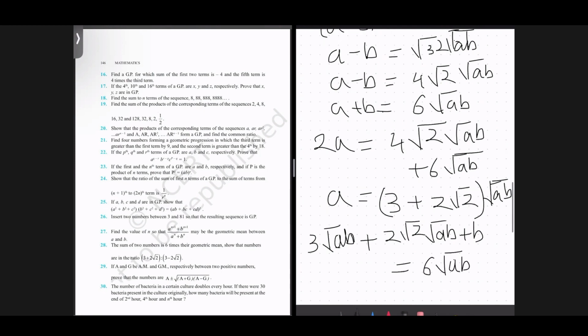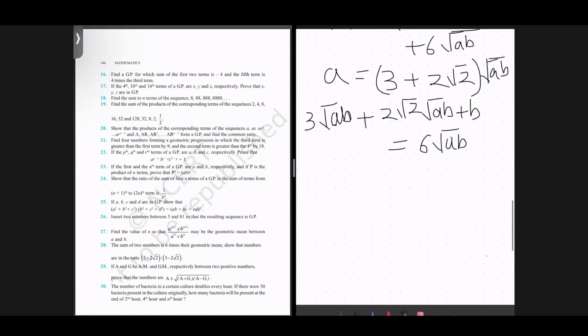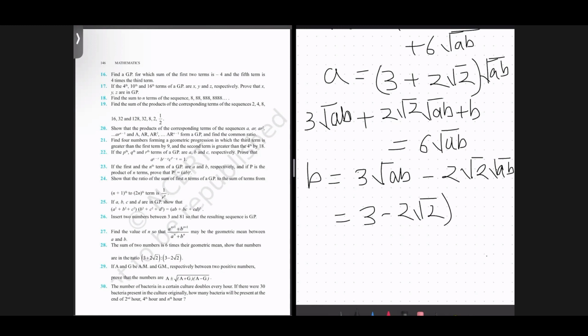Taking everything except b onto the RHS, you get b equals 3 root ab minus 2 root 2 root ab. Taking root ab out common, you get 3 minus 2 root 2 into root ab.